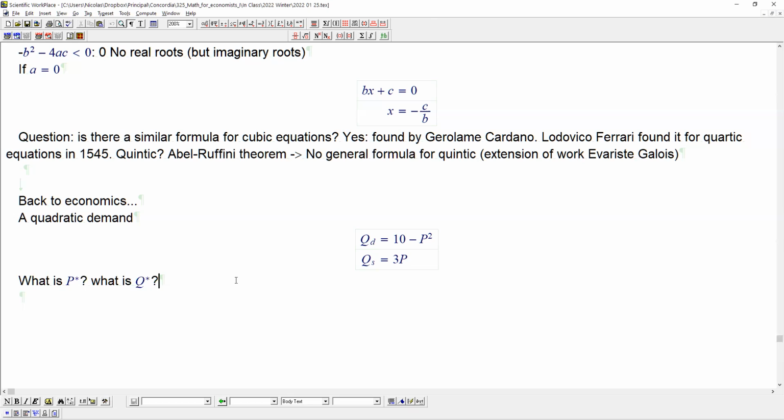Yeah, and let me add a constraint. P and Q are greater or equal to 0.